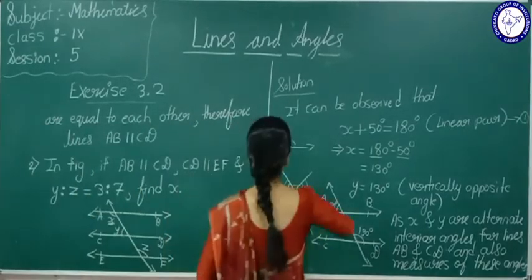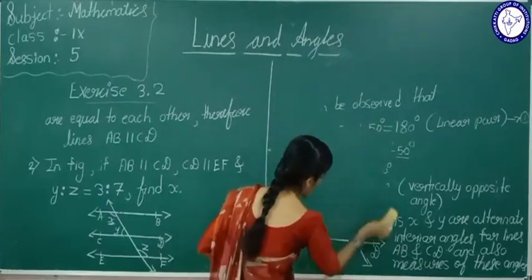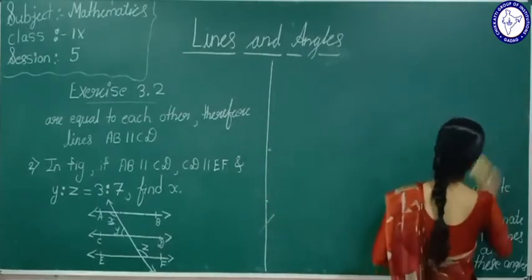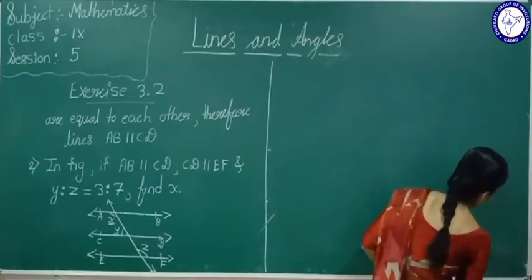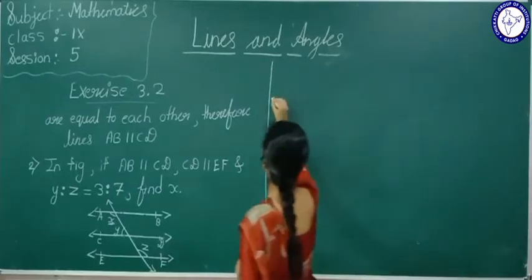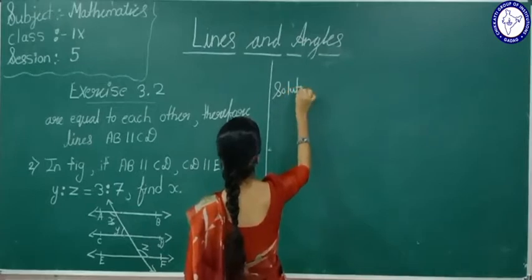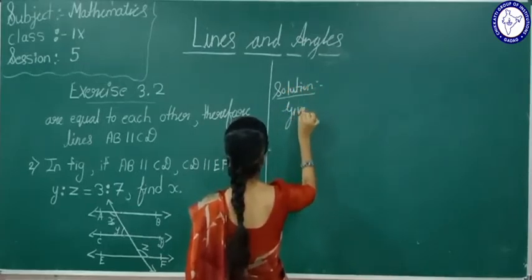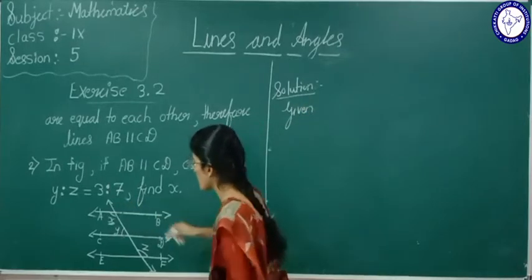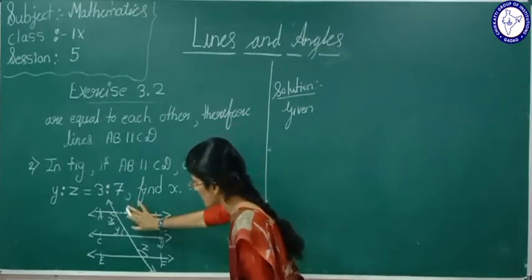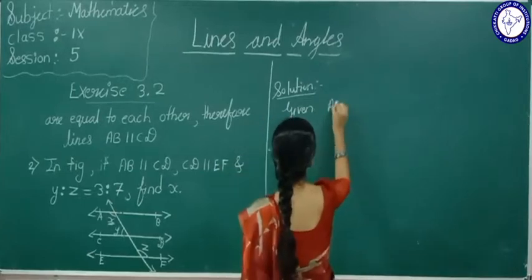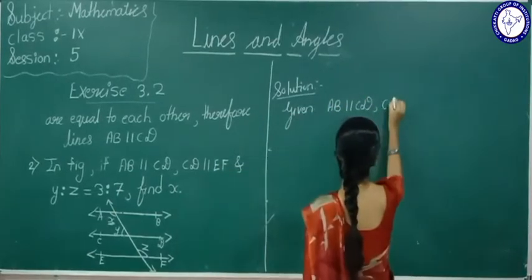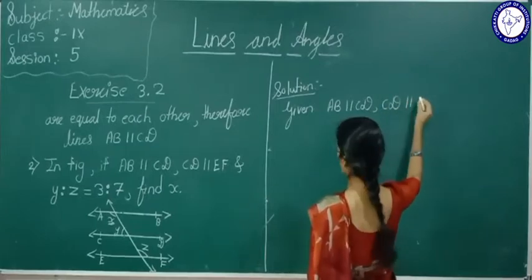Now we will write whatever they have given in the problem. So solution. See, given AB is parallel to CD. CD is parallel to EF.